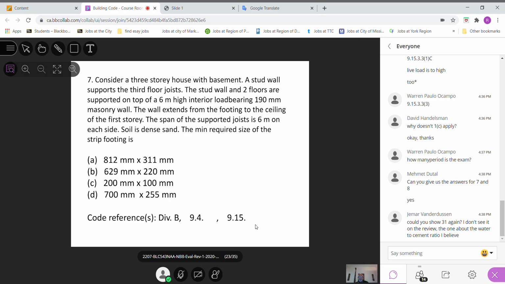And then it says it's an interior load bearing wall, 190 millimeters thick, and that goes, I guess, to the first floor ceiling, all the way up.